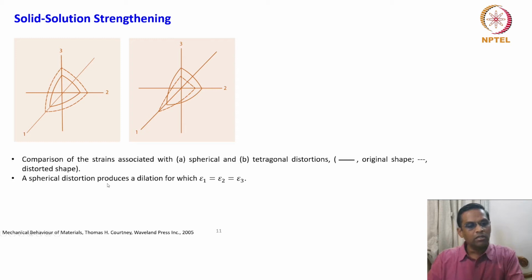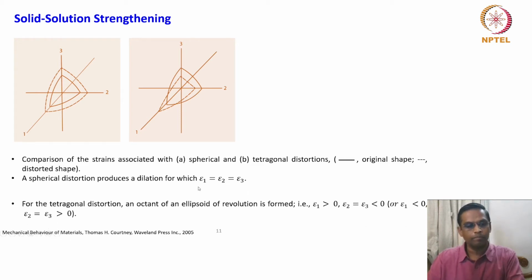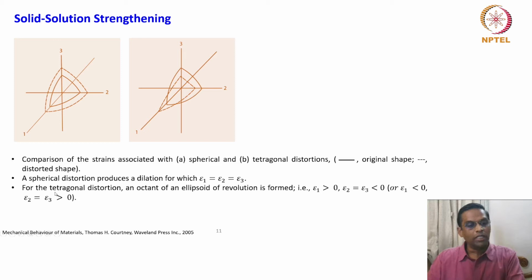A spherical distortion produces a dilation for which epsilon 1, epsilon 2, epsilon 3 are all the same. They are all strain components. All three strain components will be equal if it is a spherical distortion. For the tetragonal distortion, an octant of an ellipsoid of revolution is formed. So this is what is shown.